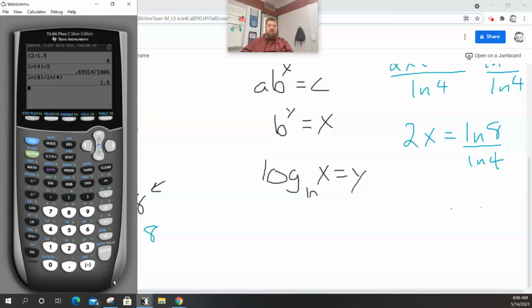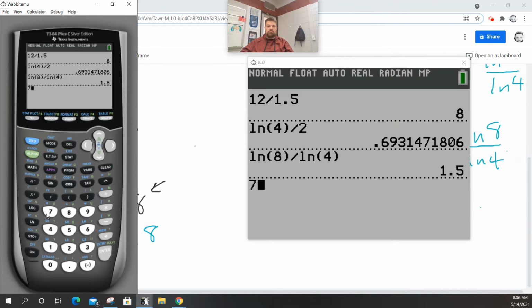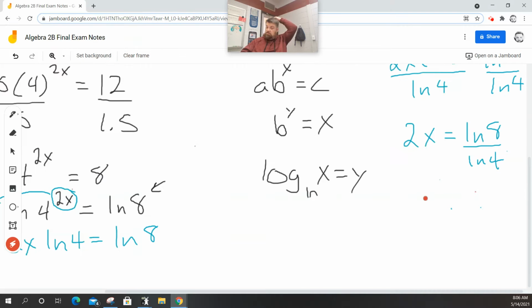So if I go into my graphing calculator, the natural log of 8 divided by the natural log of 4 is 1.5, okay?